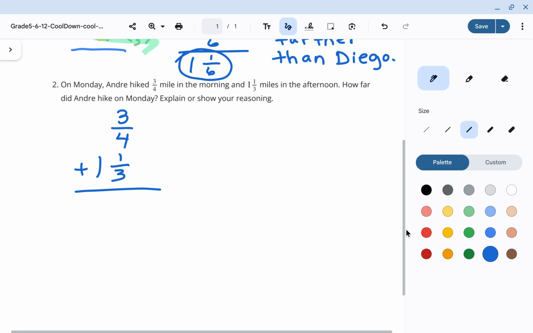This is an all kinds of denominator type of question because I cannot convert 3/4 to something with a denominator of 3 or the other way around. So instead, I'm going to be using my fractions of 1.